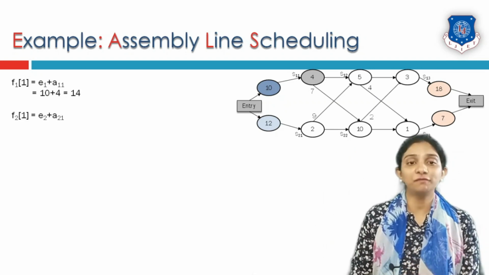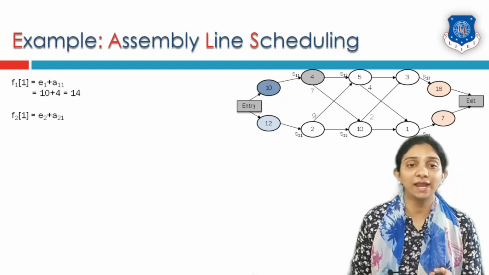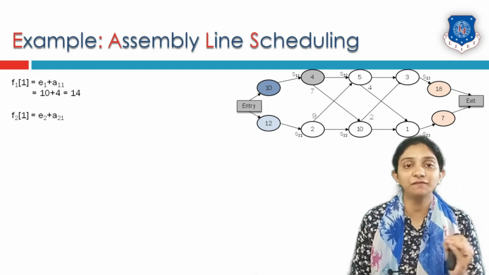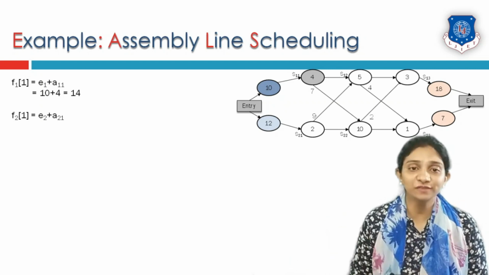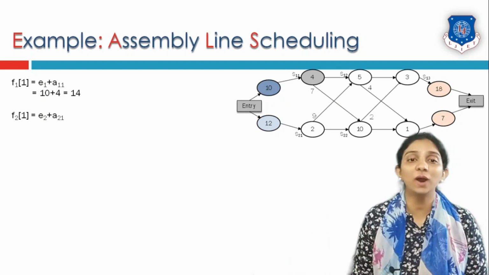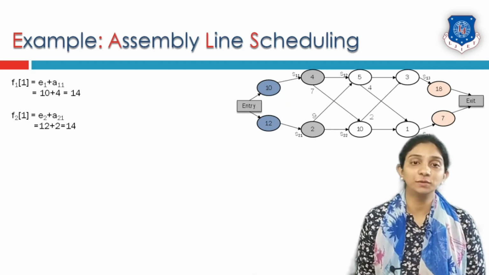Now F2 of 1 is given as line 2 station 1's finish cost. So the finish at line 2 station 1, F2 of 1, is given as entry 2 plus processing time of station 1, that is 12 plus 2, which is equal to 14.